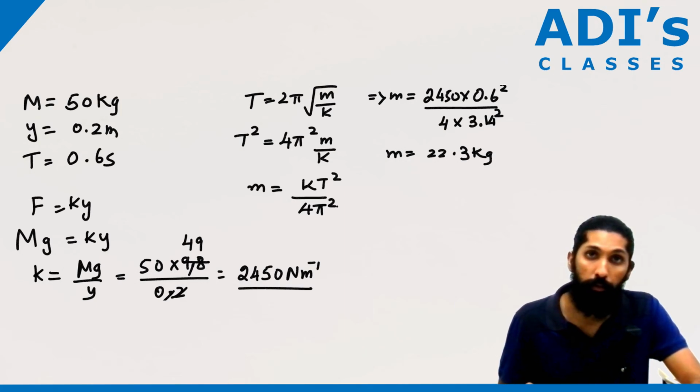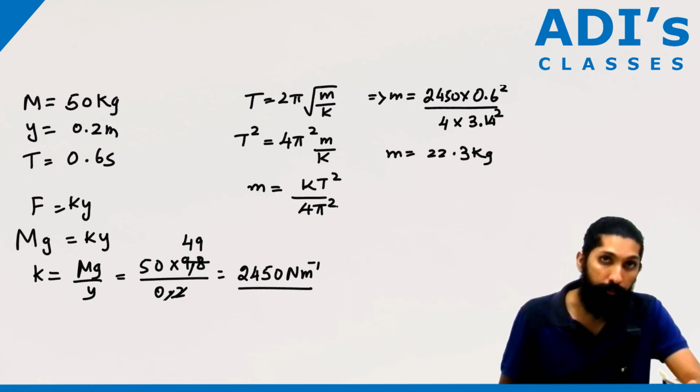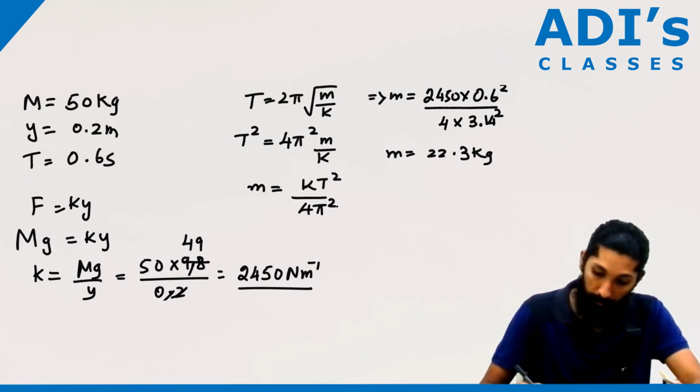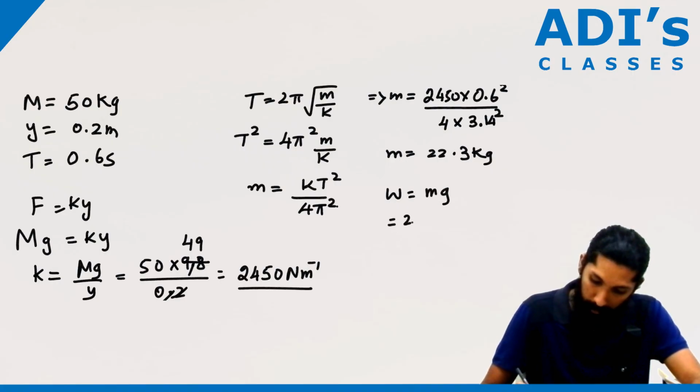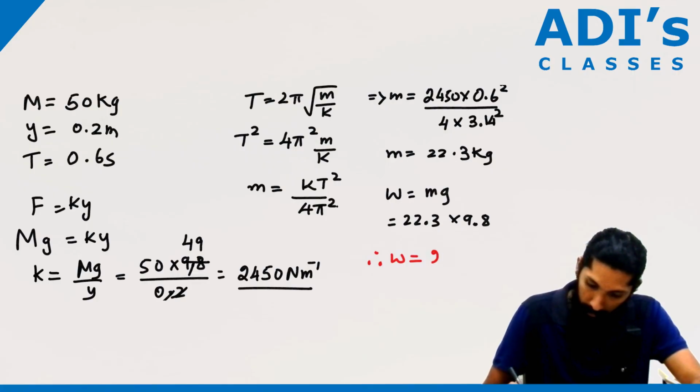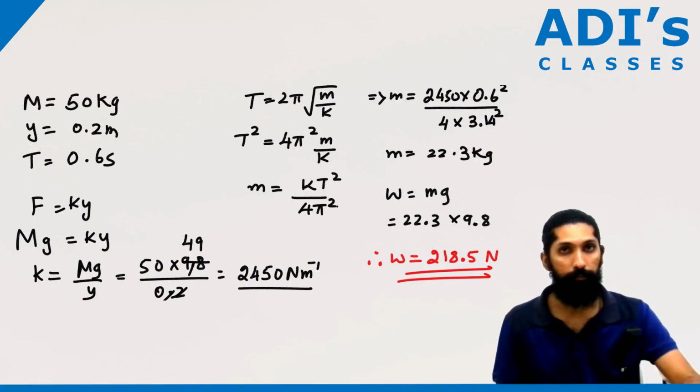Since m is 22.3 kg, now we need the weight, correct? So weight W is equal to mg, which becomes 22.3 into 9.8. Therefore, the final answer, W is equal to 218.5 Newton. This is going to be the value of the weight.